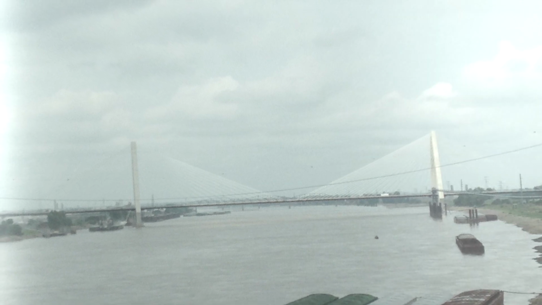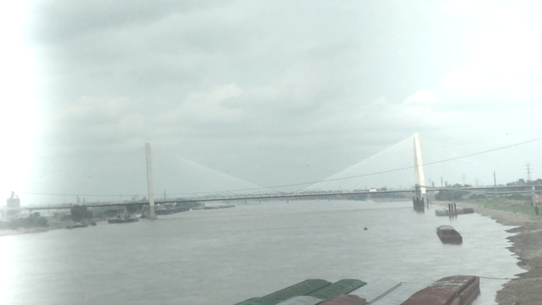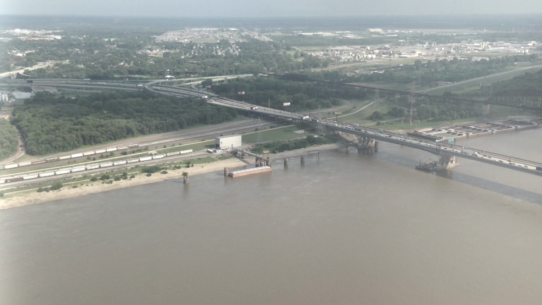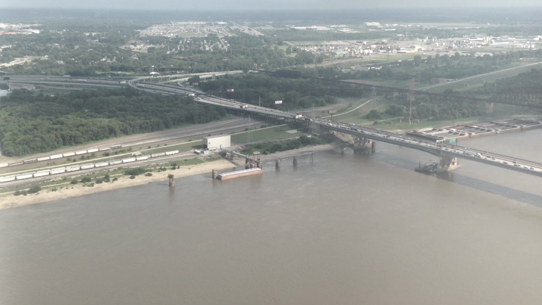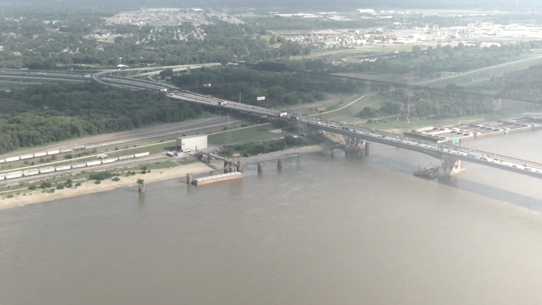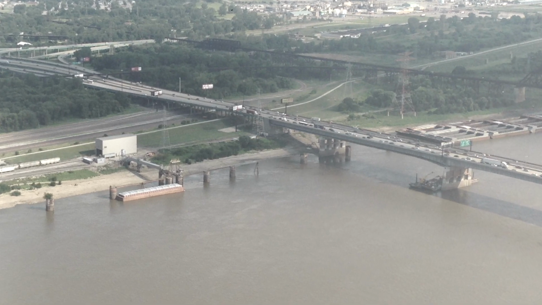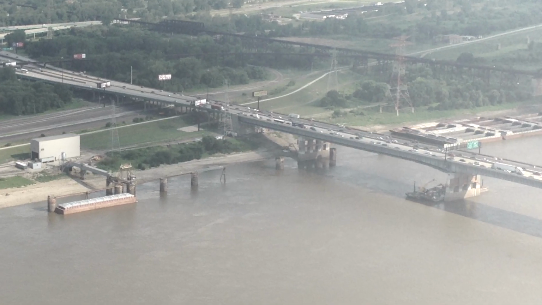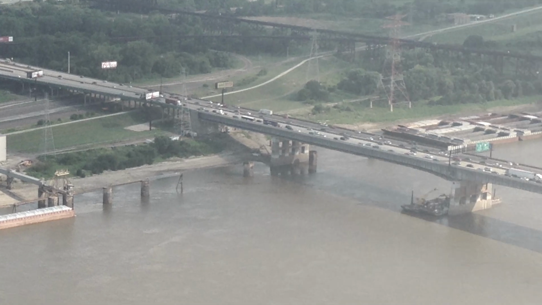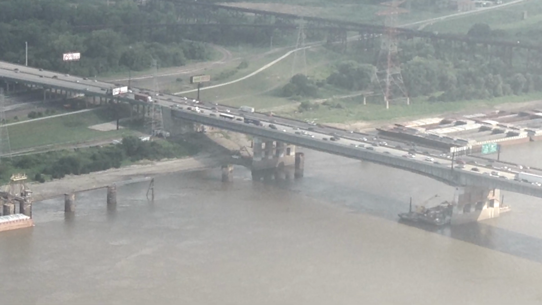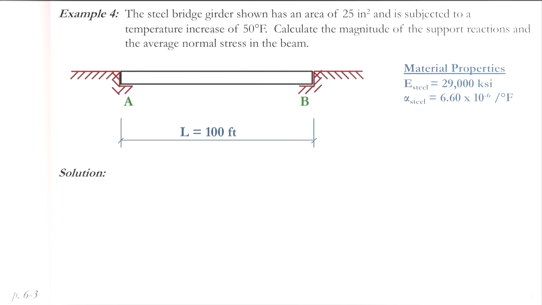You see beautiful bridges over the Mississippi River. And there, this bridge catches your eye. It's just a simple bridge. Could we model this bridge as being fixed on both ends? But if so, what is the heat doing to it? Would this beam expand, causing unwanted stresses due to this temperature? We must find out.